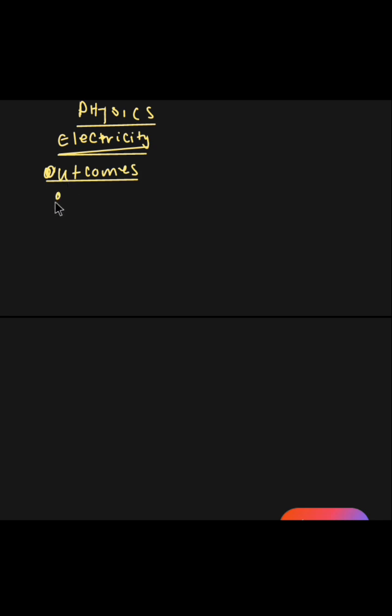So we'll look at current, then after current we'll also look at electromotive force. Then from there we'll look at another component, which is potential difference.